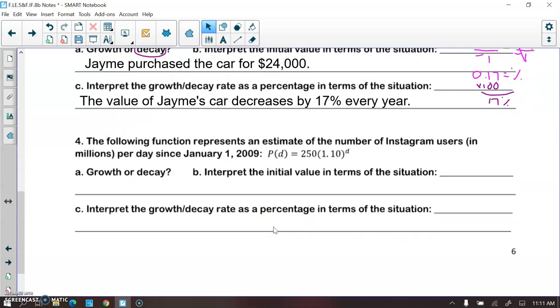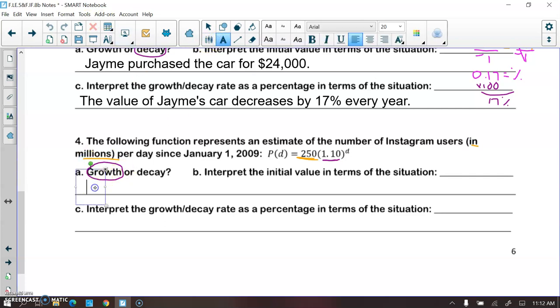All right, and our last problem, number 4. So the following function represents an estimate of the number of Instagram users in millions per day since January 1st, 2009. And this is the function. Since your b value is greater than 1, this is growth, and your a value, your initial value, is 250, but this is the number of users in millions.